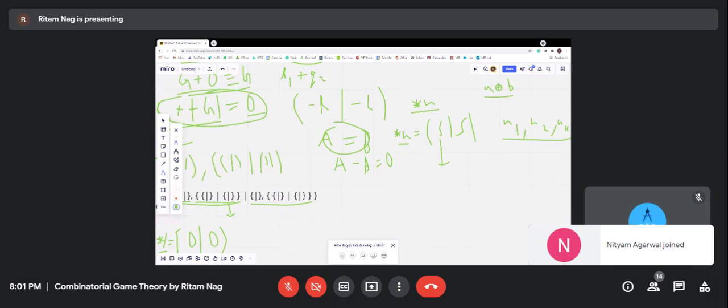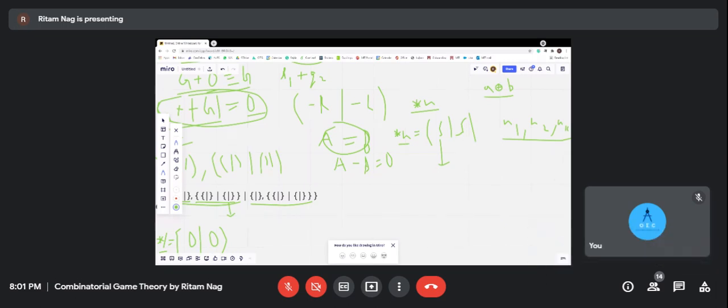Like the general game, we are trying to prove that this game is equivalent to some Nim game.